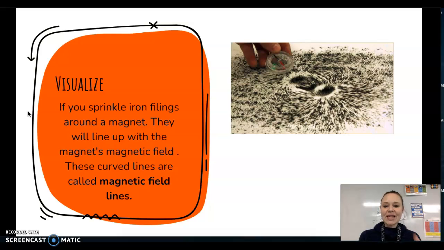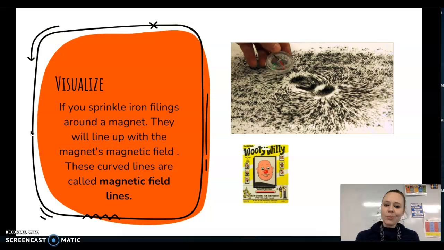The lines that you see when this happens are called the magnetic field lines. You will notice this in this picture here, and if you've ever played with one of these Woolly Willy things, that's what it's filled with. It's filled with those little iron filings, and then you can pull your magnet around to move it around and give him some hair and some funny faces.